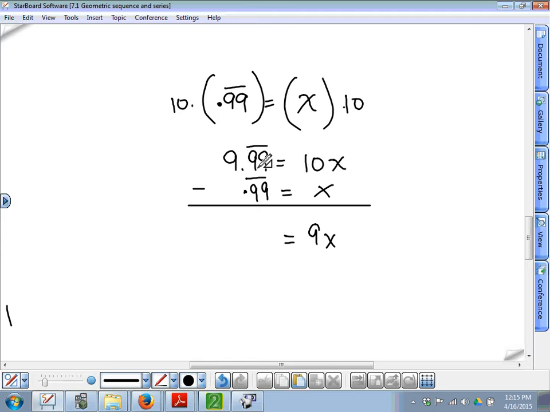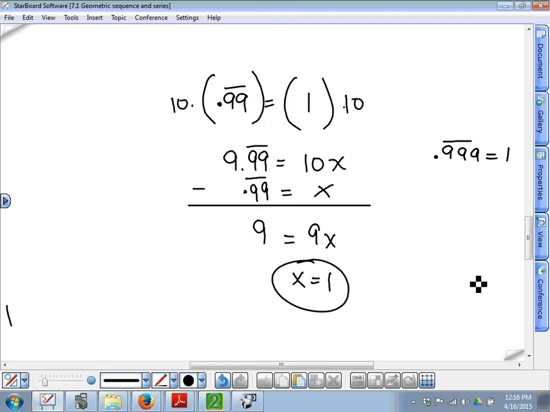Okay, good. 9.99 repeating, subtract 0.99 repeating is 9. Good. So what does x equal? 1. And if x is equal to 1, what does 0.999 repeating equal? Okay. 0.999 repeating is equal to 1.